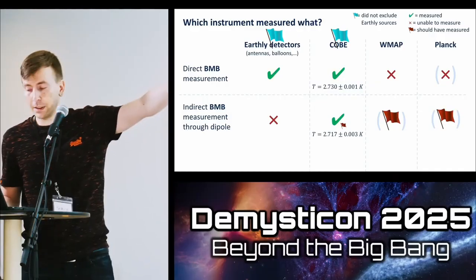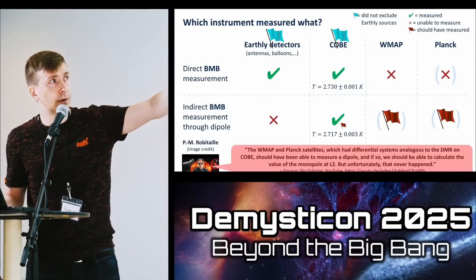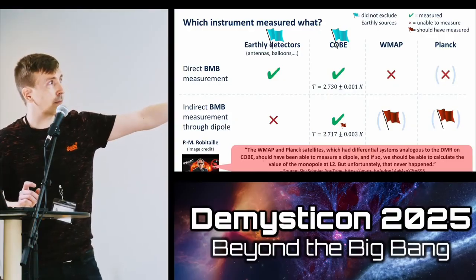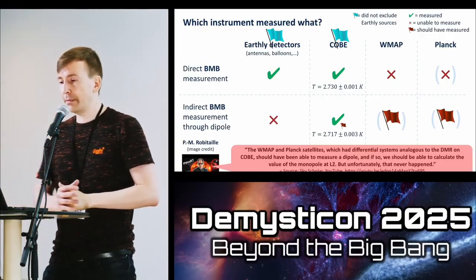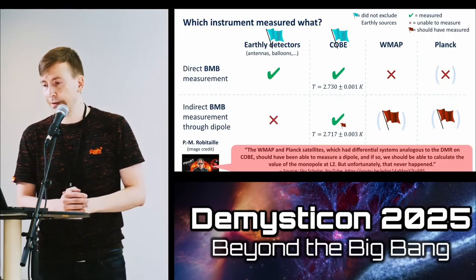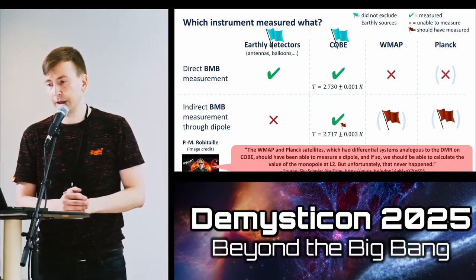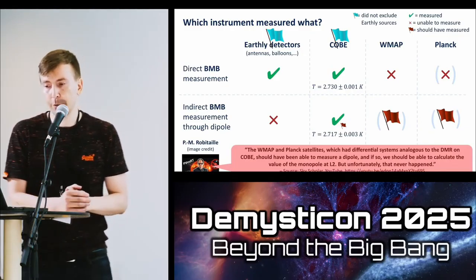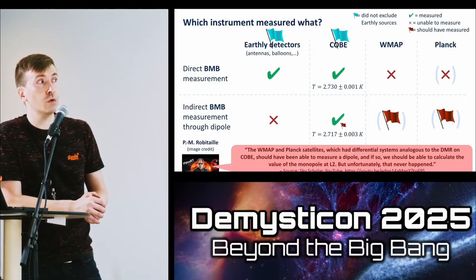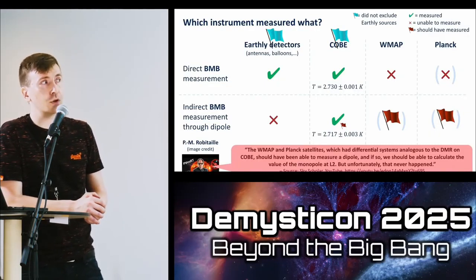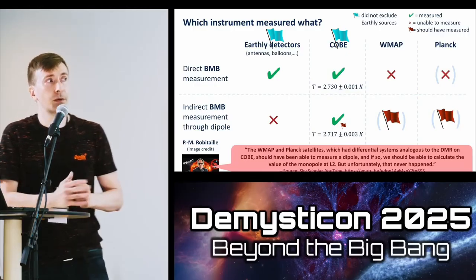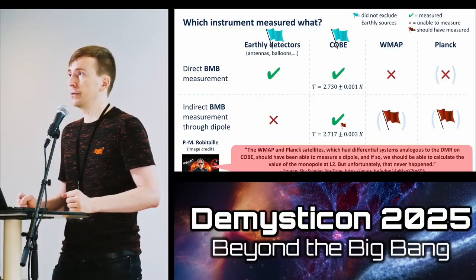But then you still have these other two red flags. The WMAP and Planck satellites, which had differential systems analogous to the DMR on COBE, should have been able to measure a dipole. And if so, we should be able to calculate the value of the monopole at the second Lagrangian point, but unfortunately that never happened.